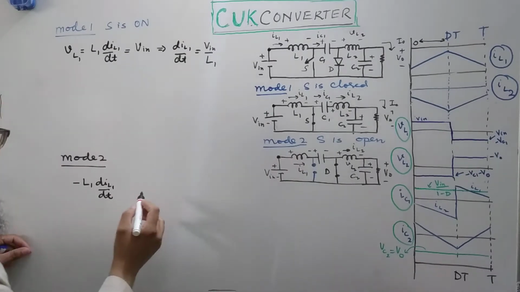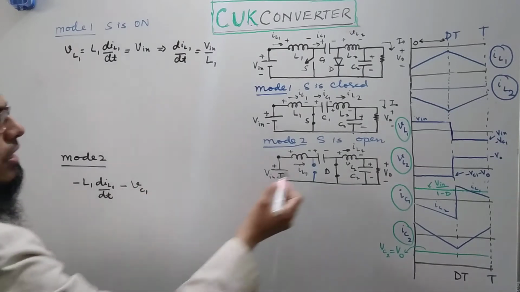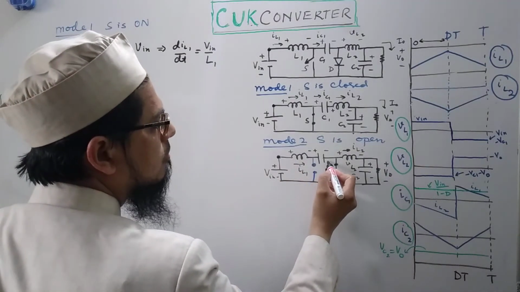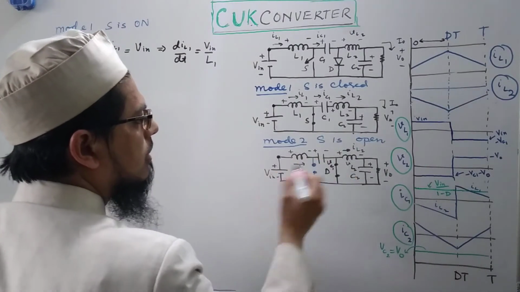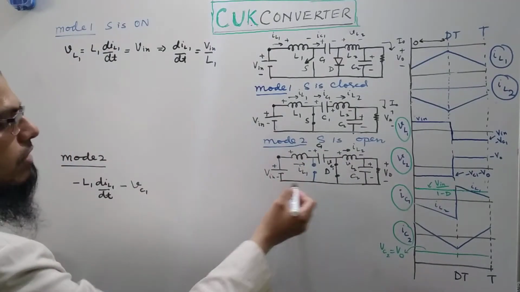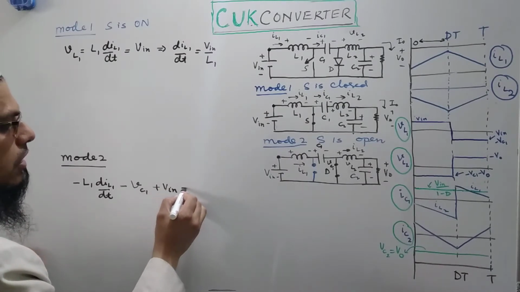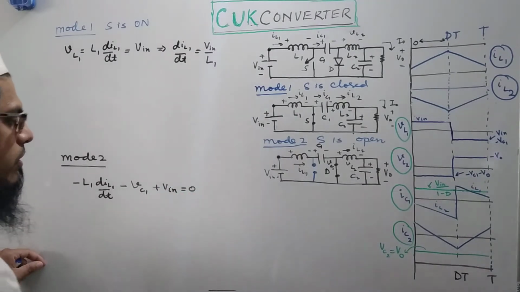Then we have this capacitor, minus VC1, let me call this VC1 on capacitor C1. Then we have this battery, so plus Vin is equal to 0.